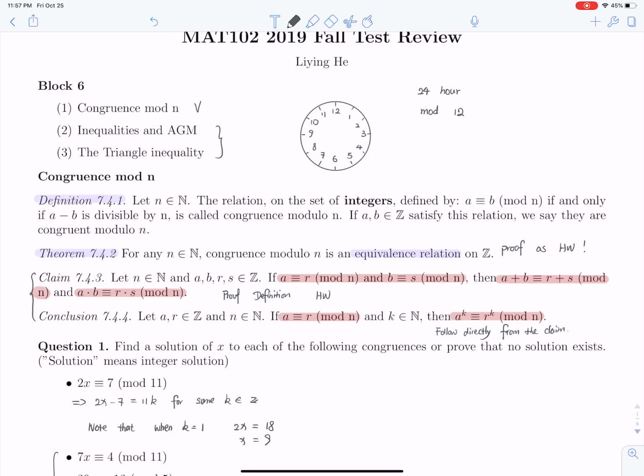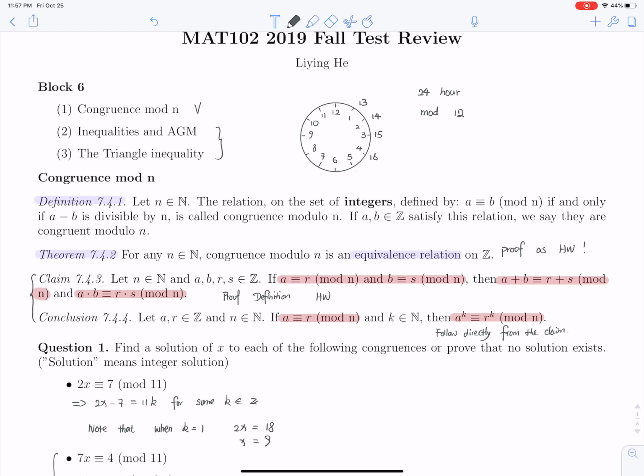Well, because 13 is 1, 14 is 2, 15 is 3, 16 is 4, and so on. 19, 20, 21, 22, 23, 24, or 0. Well, we know that 0 o'clock and 12 o'clock are the same thing.